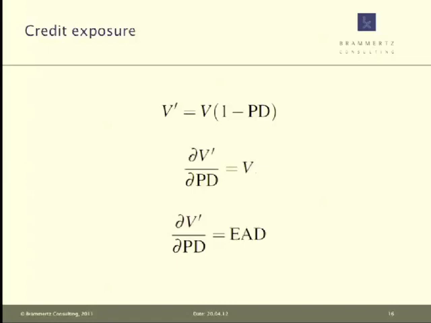Now we do the derivation of this impaired value against PD. And this is the value itself, and this value is measured as exposure at default. So it's the net value. You have to be careful. Let's say you have given somebody a loan, and nothing else, and the loan is 100.